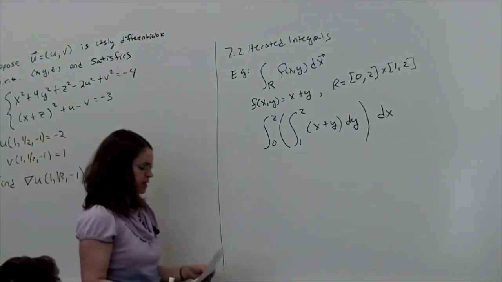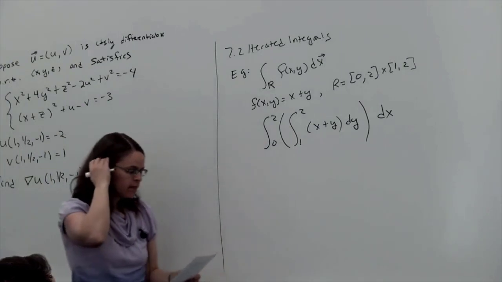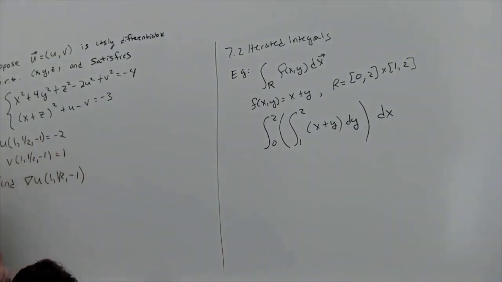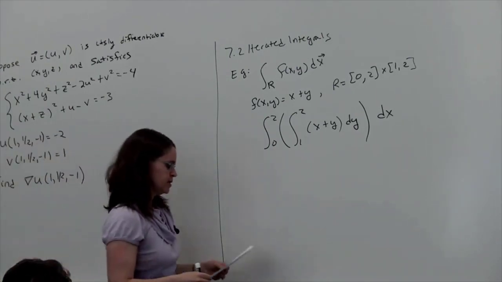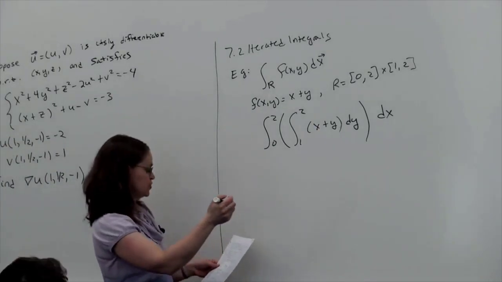So this form is called an iterated integral. I'm going to write up precisely the theorem that we want to prove, and then we'll see when this works, and we'll also see an example when this doesn't work, because it's always good to be aware of the limits of what we can do. So what we did here is we took this in pieces.